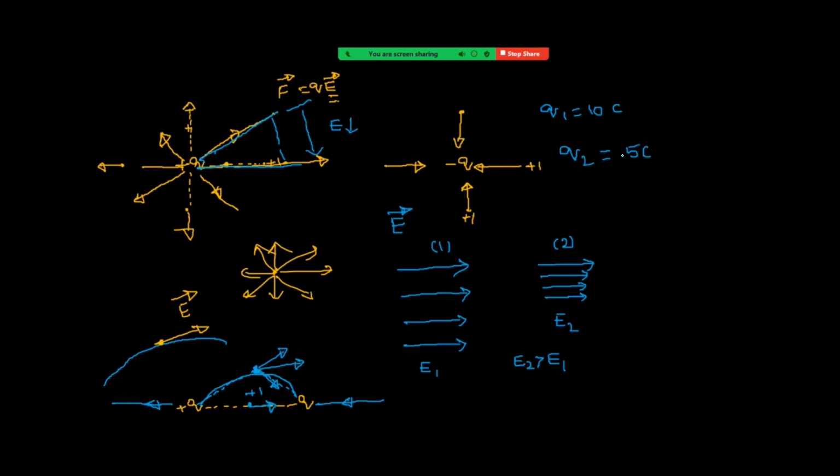Then when we are making the diagram, suppose Q1 has 100 lines, then Q2 has only half of that, that means only 50 lines. That means the number of field lines is proportional to the magnitude of the charge.